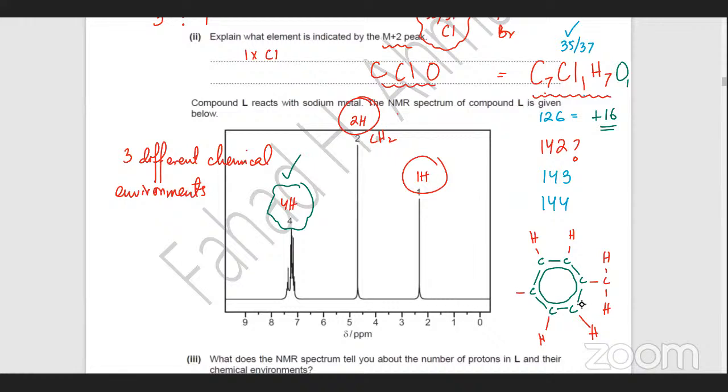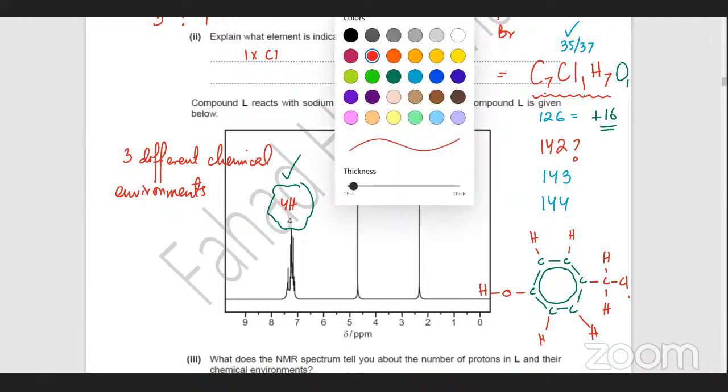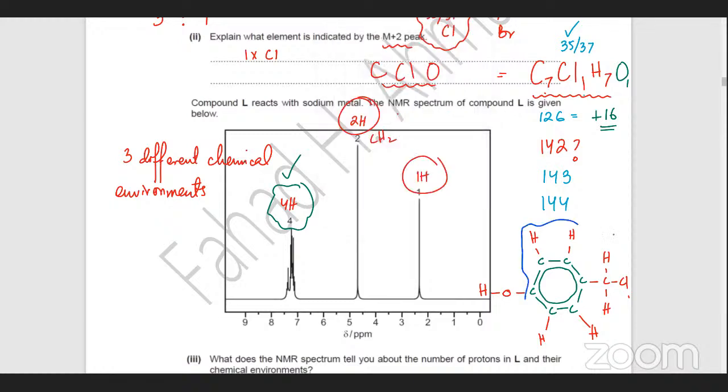You can have an OH over here, and you could have a Cl over here. That's one version of the molecule that could exist. So four hydrogens belong to benzene, two hydrogens in a chemical environment, and one hydrogen in a different chemical environment. So that matches your structure.